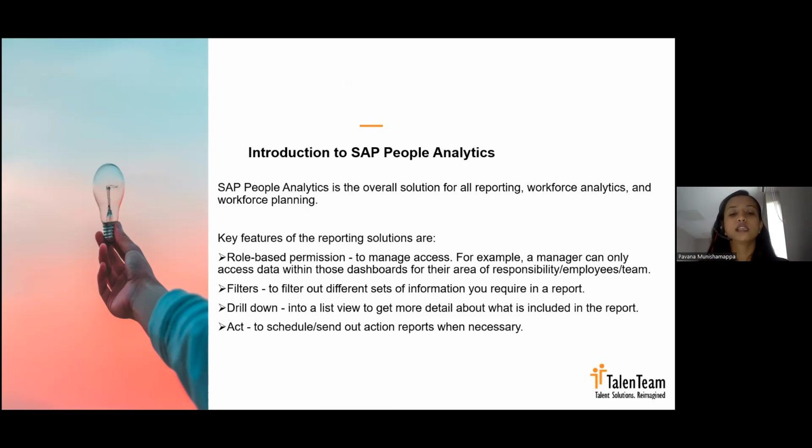Let's say we are interested only in fetching the information of a particular department or division. Filters can be applied to the data so that whenever you share a report with anybody, you are sending relevant information to the population that is interested in accessing certain data.